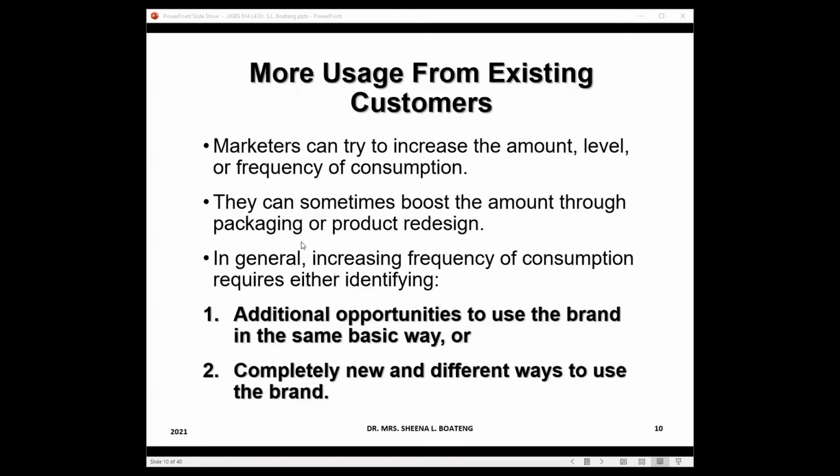So generally, for a firm to increase the usage from existing customers for their products and services, they could find additional opportunities for customers to use the brand in the same basic way. So usually you will find out that a lot of products that are offered in the marketplace, especially consumer goods, are offered in different sizes of packaging.